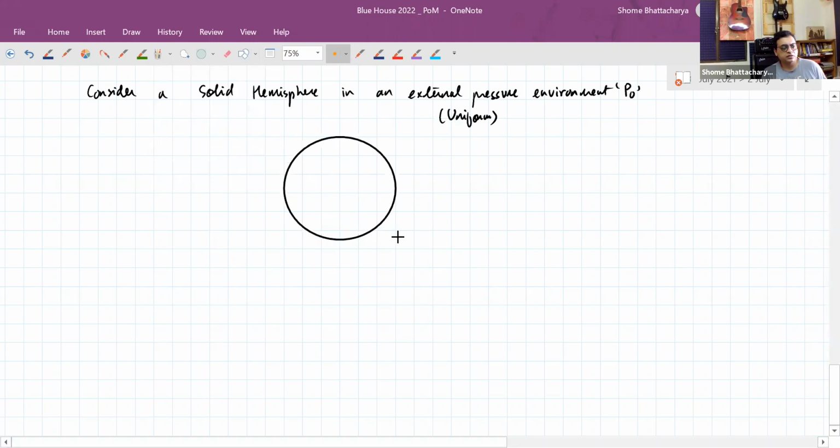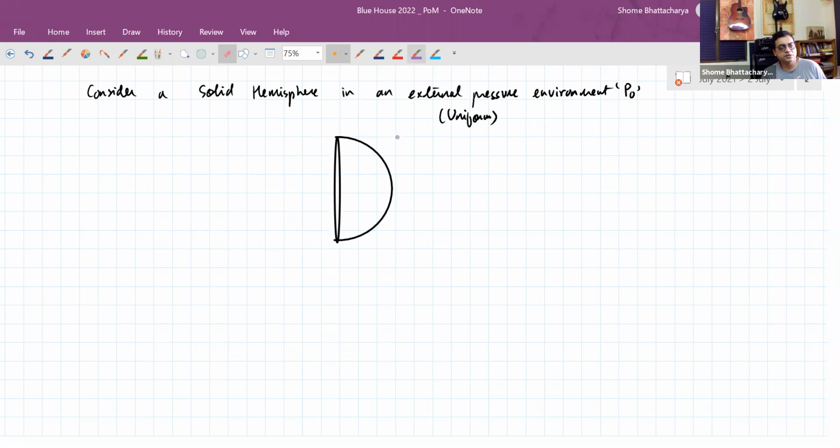We are considering arbitrarily some kind of a solid hemisphere which is existing in a uniform pressure field where the external pressure is P naught. So this surface will experience force vectors like this, but also this surface will experience force vectors like this.